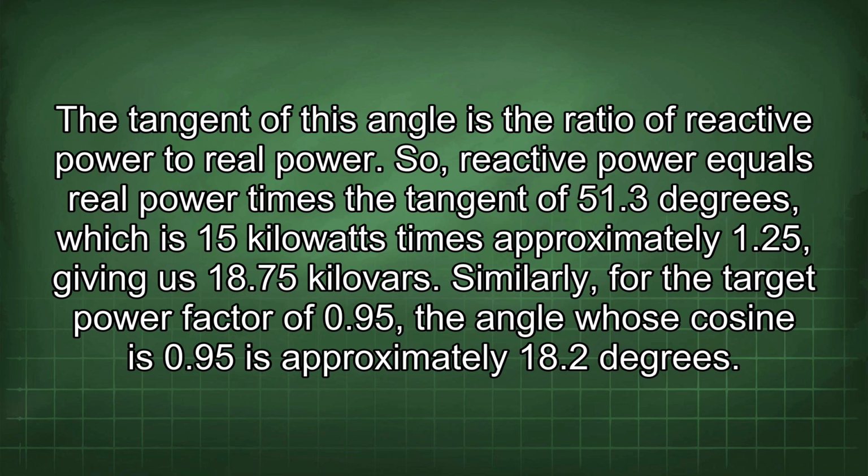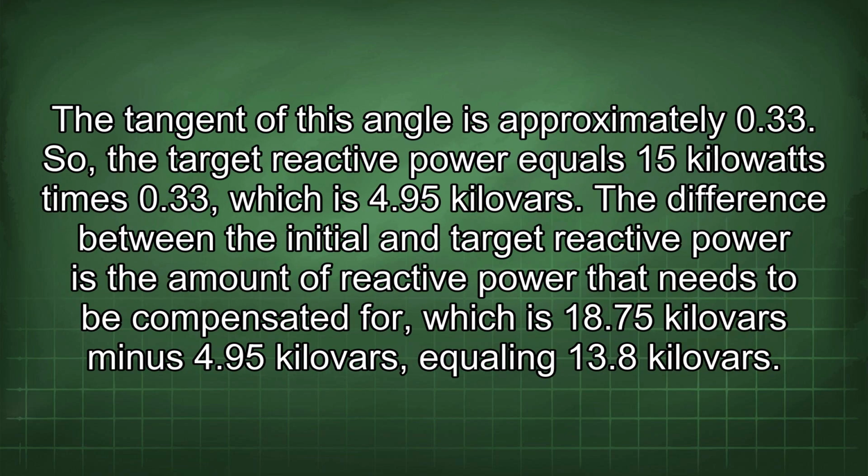Similarly, for the target power factor of 0.95, the angle whose cosine is 0.95 is approximately 18.2 degrees. The tangent of this angle is approximately 0.33. So, the target reactive power equals 15 kilowatts times 0.33, which is 4.95 kilovars.